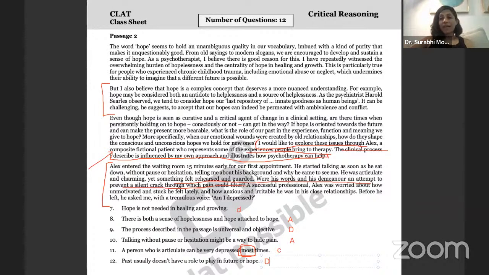I thought it should be made clear that question 12, while we are marking D, we feel it is probably false, because the author is hinting at a scenario where past also plays a role in our lives. So 12th will be D.